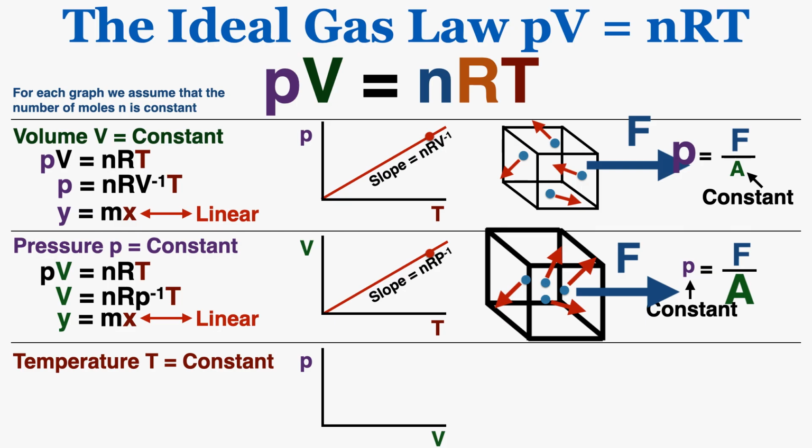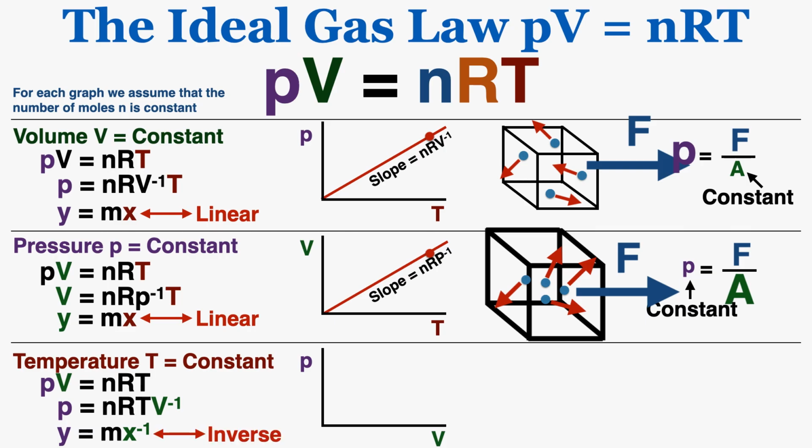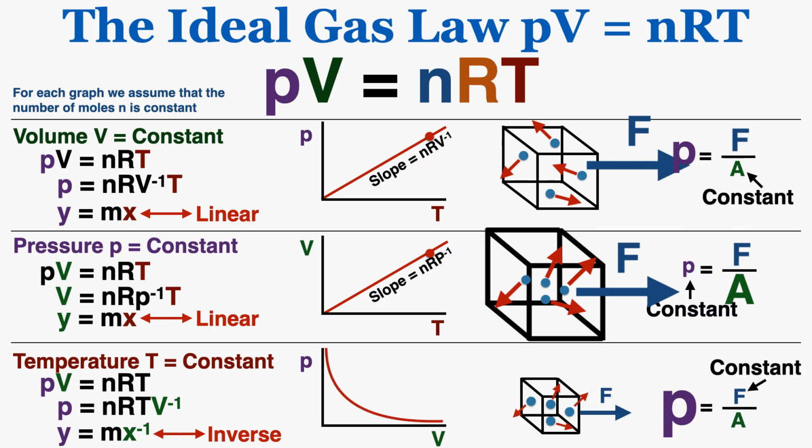On the third graph, we're holding temperature constant and graphing pressure versus volume. So when I write this out, PV equals nRT, and isolate P, I can see that this actually fits an inverse form because this is measuring 1 over x. So this graph is an inverse shape like this. This is showing a situation where the pressure starts off very high and we're keeping the temperature constant.